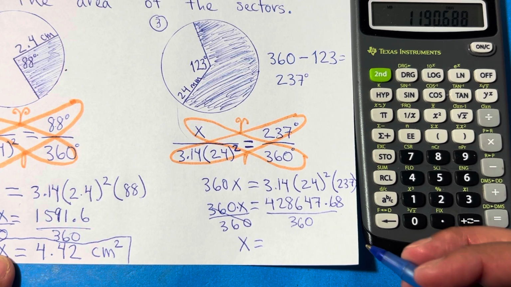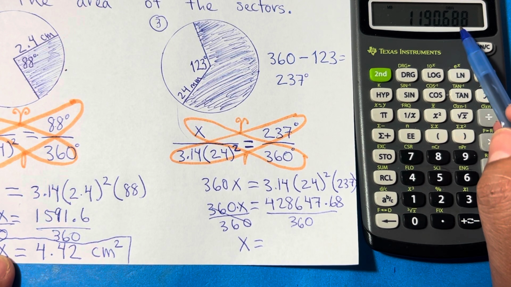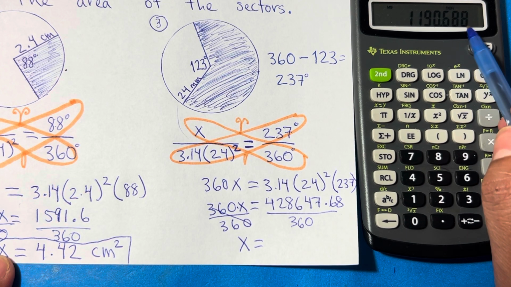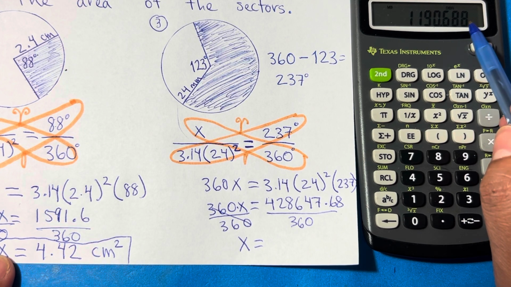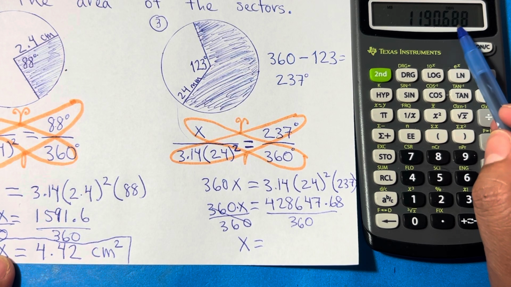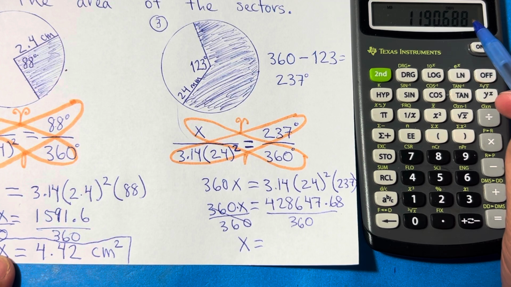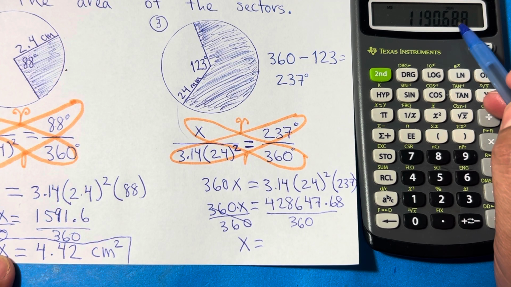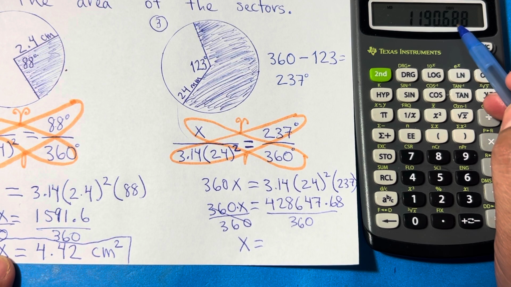And that gives us 1,190.69. Remember that the thousandths digit gives 1 more to the hundredths if it is 5, 6, 7, 8, or 9. If it was a 4, 3, 2, 1, or 0, then this one stays at 68 and doesn't change the 8.